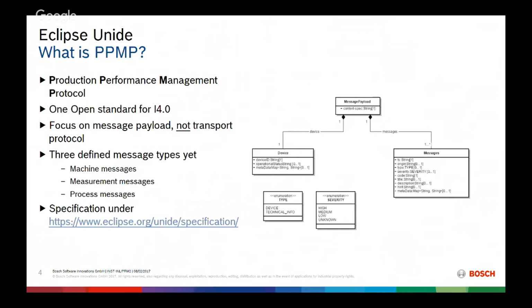But this is the set of message types we want to start with. The current valid specification of the PPMP you find on our Eclipse Unide project website under specification. There you see all the UML diagrams and explanations and examples for the different message types.